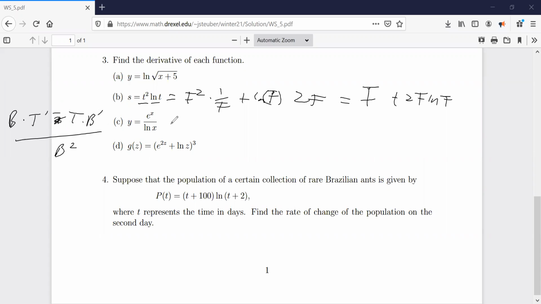So in that case, we get ln of x times the derivative of the top, which is just e to the x still, minus e to the x, because that's the top, times the derivative of the bottom. So that's 1 over x. And then that would all be over ln of x squared. So that's how we get it with quotient rule.